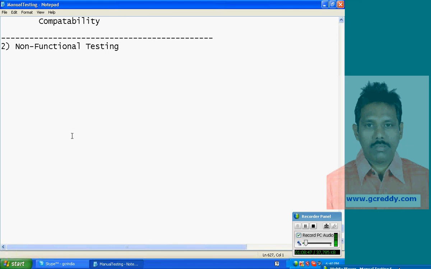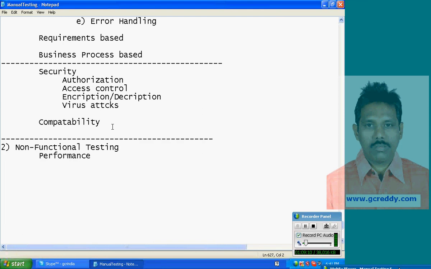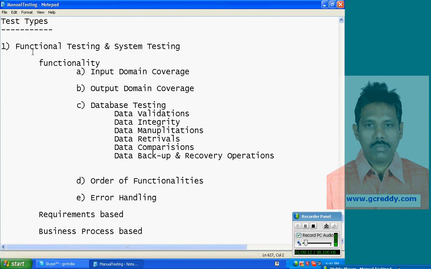See here in this non-functional area, important types are performance testing. Actually, 80% of the market area in software testing is functional testing only, 80 to 85%.